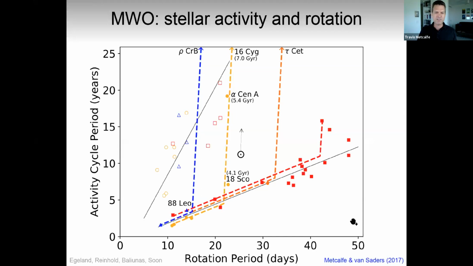The big picture here was motivated by observations from the Mount Wilson Observatory of rotation and activity cycles in solar analogs.